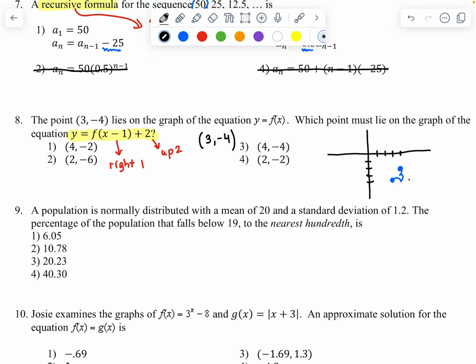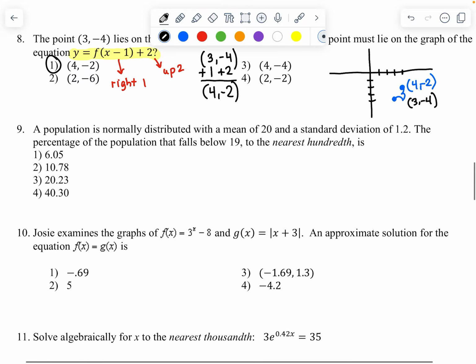So if this point is 3, -4, and I went to the right 1 and up 2, wouldn't I be at 4, -2? Or, if you think about it, if you go to the right 1, aren't you adding 1 to the x? And if you're going up 2, aren't you adding 2 to the y? Which would leave you 4, -2. And there you have it.